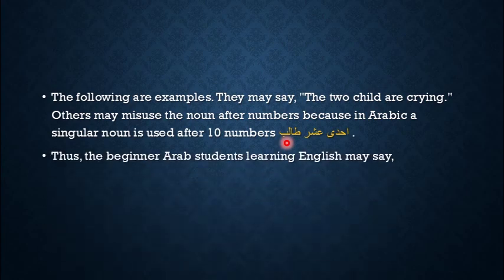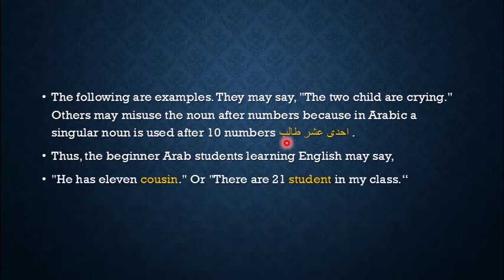Thus, beginner Arab students learning English may say, and you can expect this, a literal translation of 11 طالب. He would say "11 student" rather than "11 students." "He has 11 cousin" instead of "he has 11 cousins."